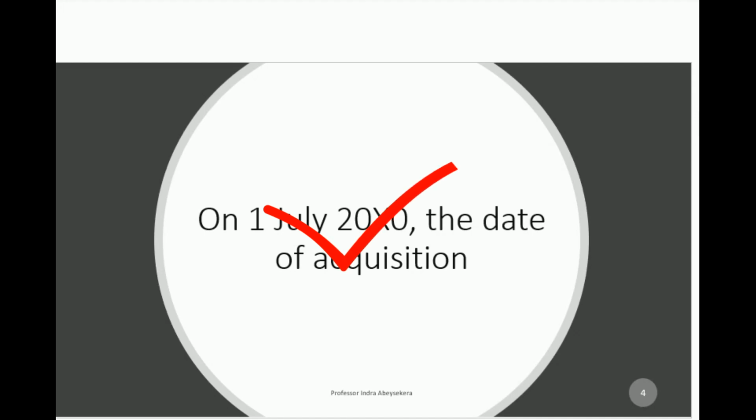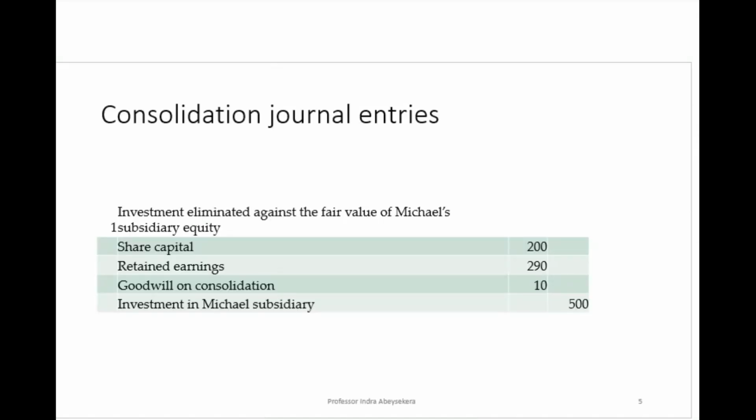On 1st of July 20X0, the date of acquisition, there's only one consolidation transaction to be done. That's the elimination of investment in Michael's subsidiary against the fair value of net assets of the subsidiary. Investment in Michael's subsidiary is 500 million.